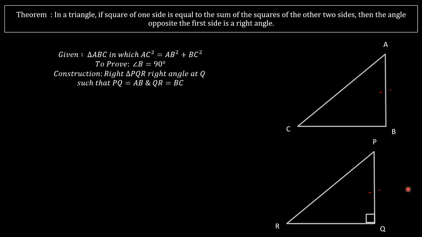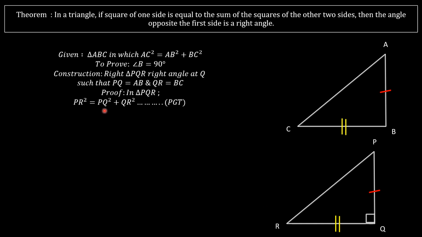Now, proof. These two sides are by construction equal: AB is equal to PQ, BC is equal to QR. So, in triangle PQR, by Pythagoras theorem, we can write that PR square is equal to PQ square plus QR square. By Pythagoras theorem, in a right triangle, the square of the hypotenuse is equal to the sum of the squares of the other two sides, right?